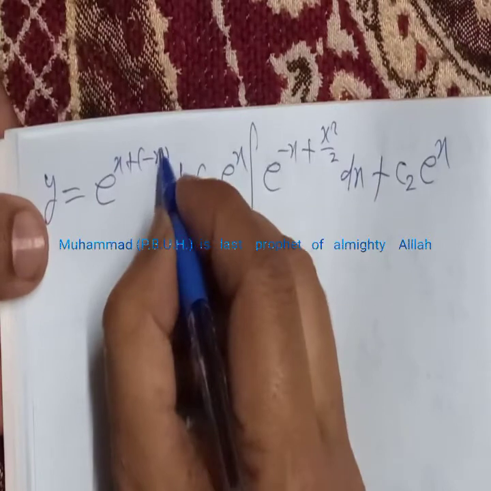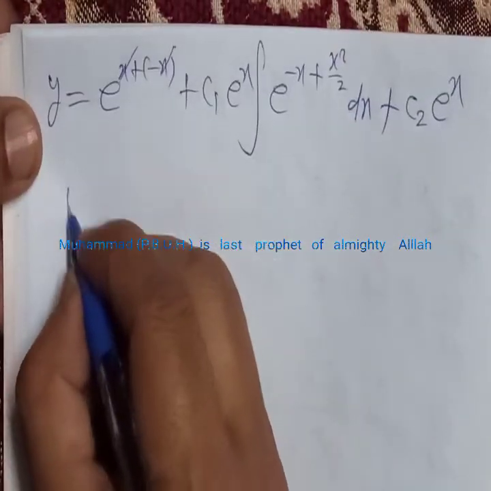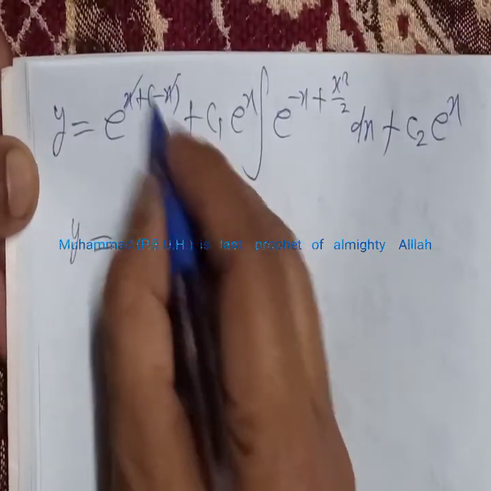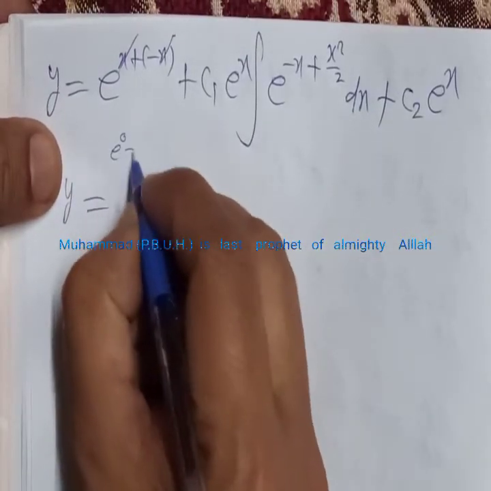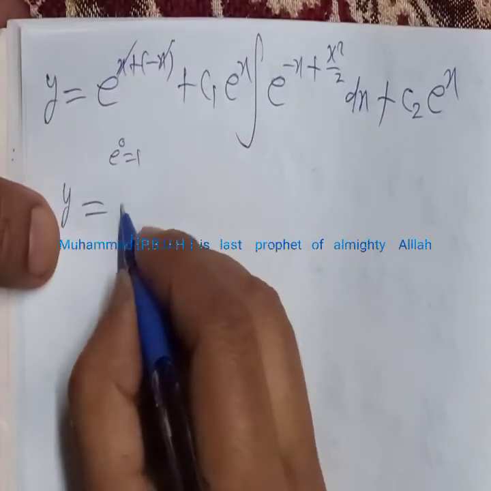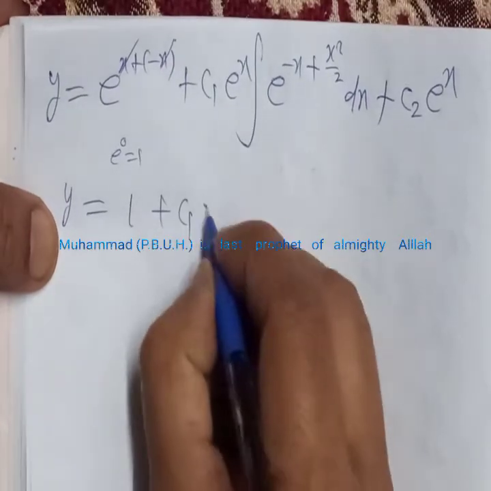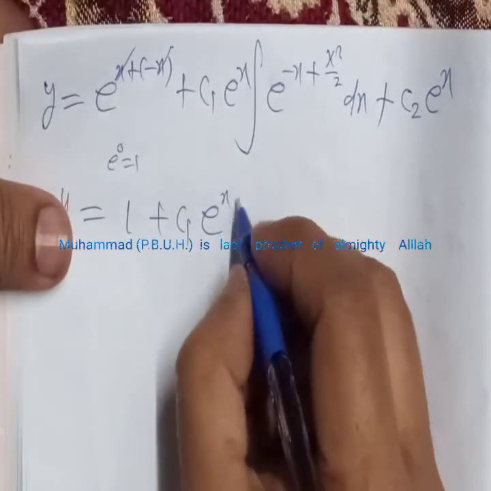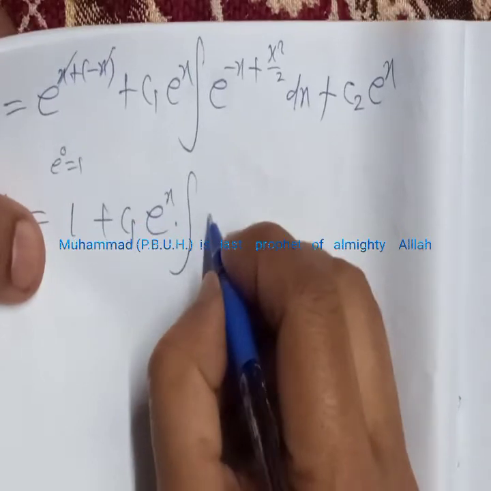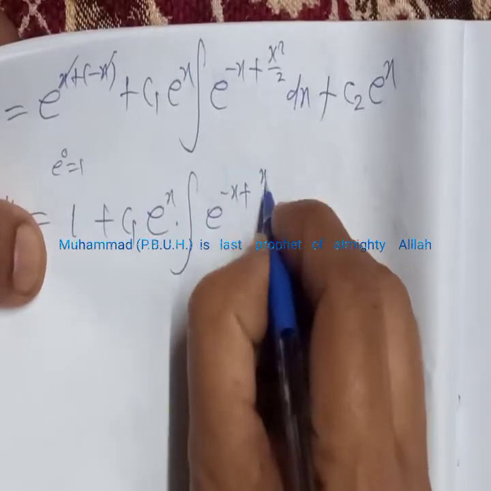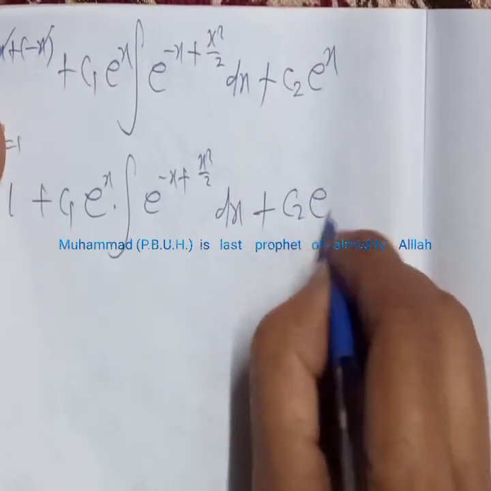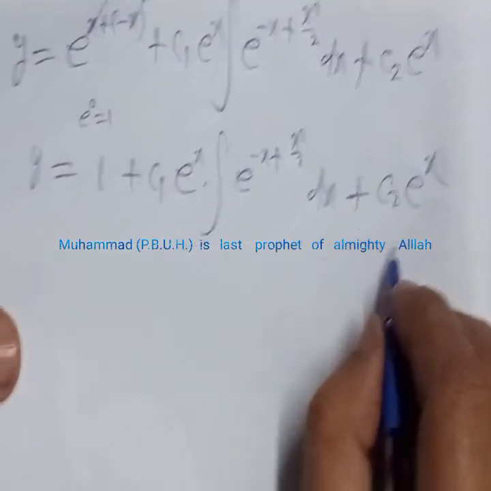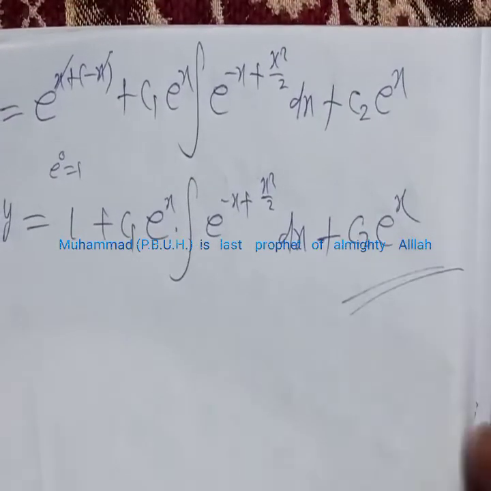We can cancel out minus x plus x, and e to the power 0 is equal to 1. So we can write y is equal to 1 plus c1 e to the power x multiplied by the integration of e to the power minus x plus x square by 2 dx, plus c2 e to the power x, which is the complete solution of the given differential equation.